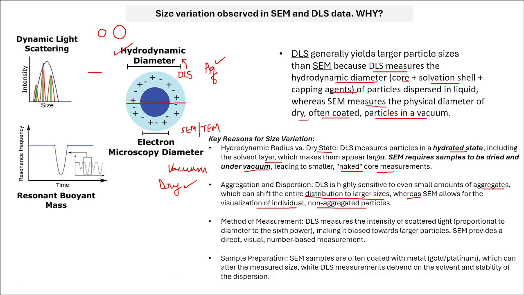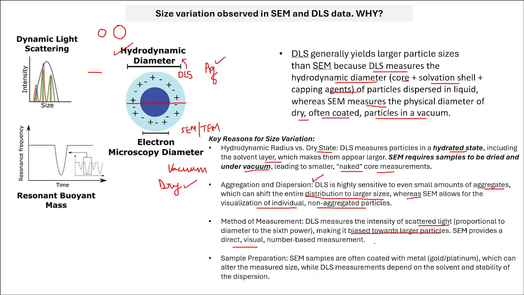Now, as we have already discussed, DLS measures the intensity of scattered light proportional to diameter to the sixth power, making it biased towards larger particles. SEM provides a direct visual. To understand the aggregation behavior, whether your particle has colloidal stability or not, and what is happening to your particles in the aqueous state, DLS is good.